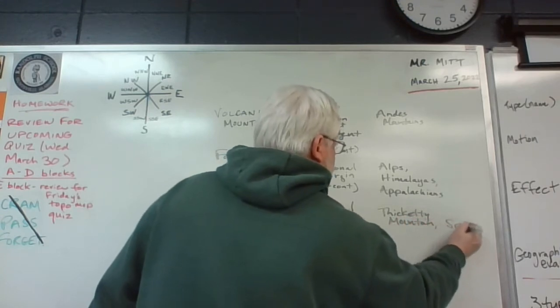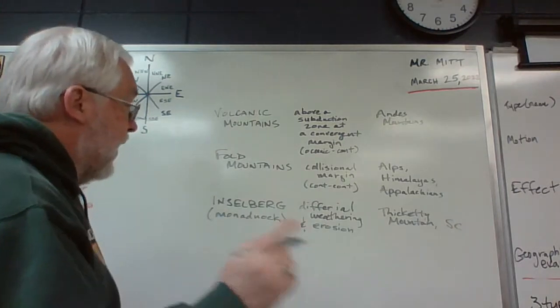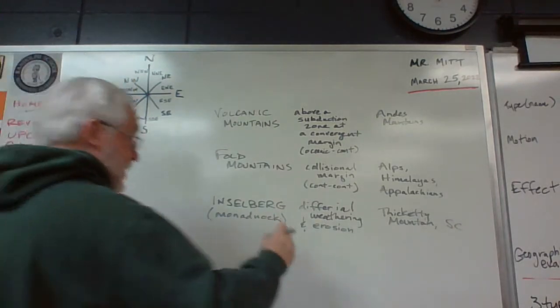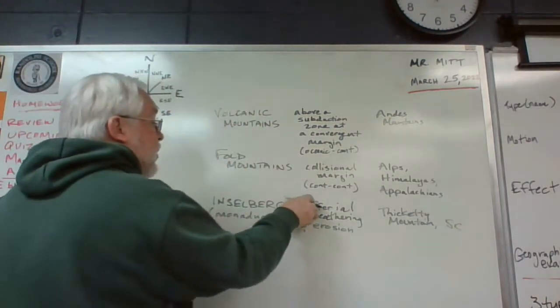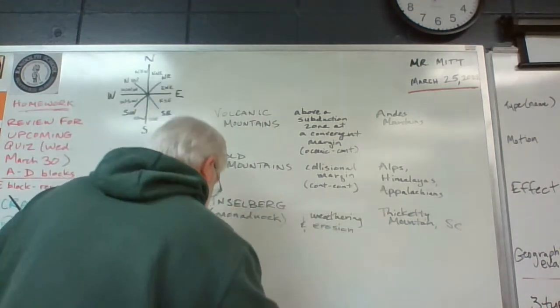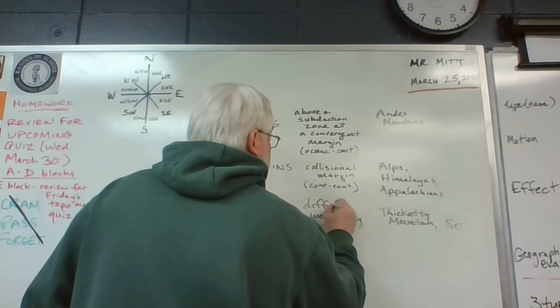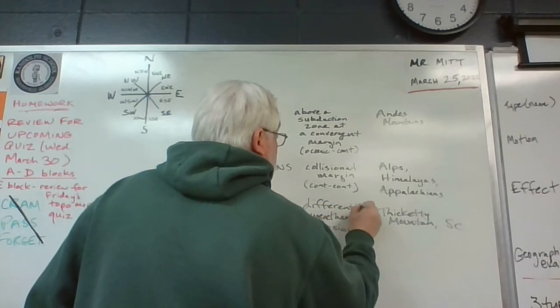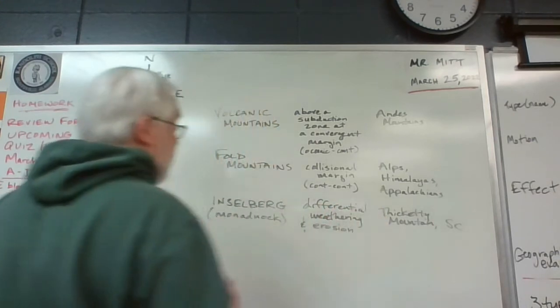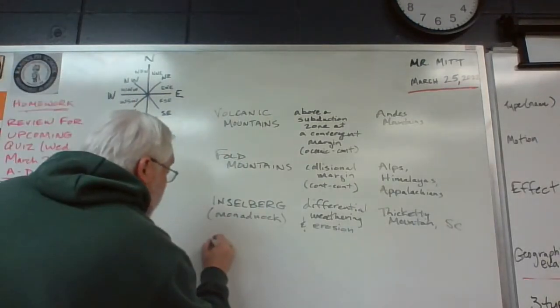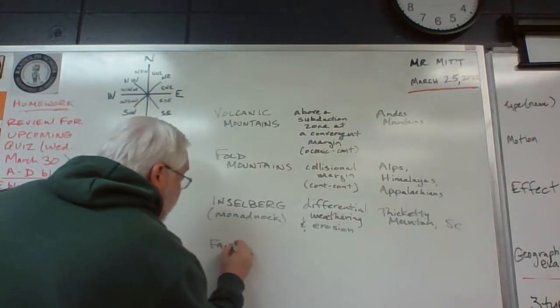The final type that we discussed in class, excuse me, I didn't write differential properly here, so let me correct my spelling. Differential weathering and erosion. The last one is what we call a fault block mountain.